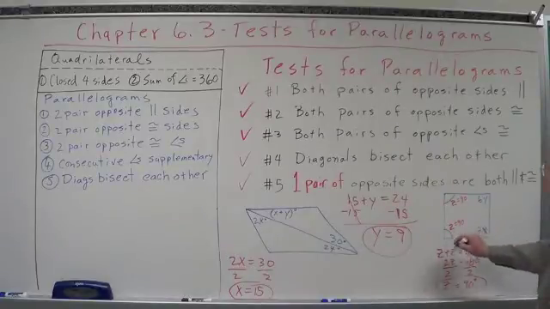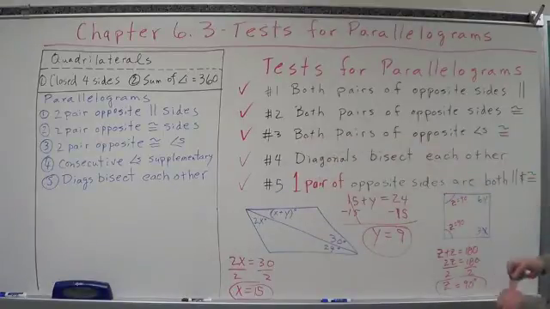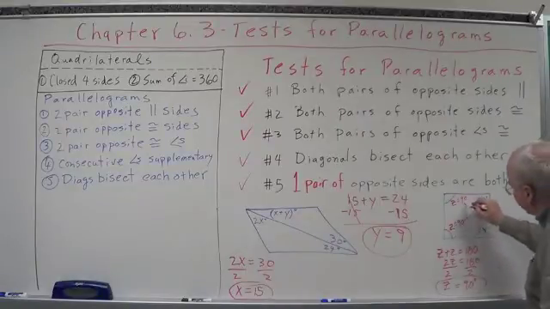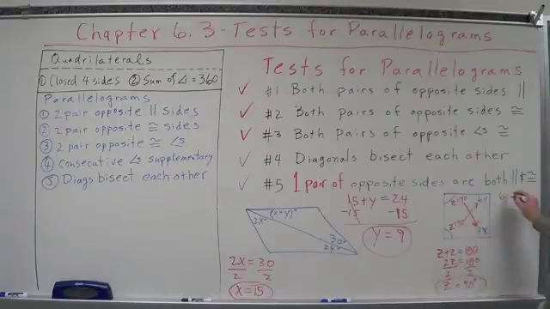Oh wow. Let's look at our test about angles. Number 3, both pairs of opposite angles are congruent. So that means this has to go there and this has to go there. So therefore, 6y equals 90.